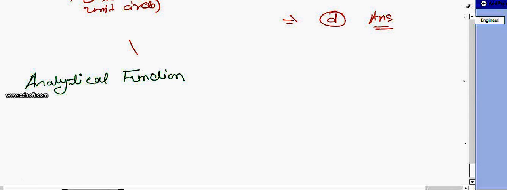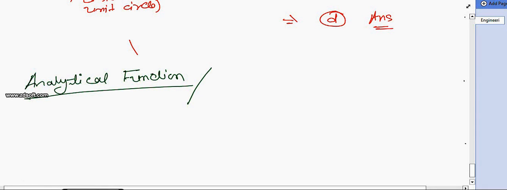Now moving on to the next thing in complex variables, a very important topic, and that is the analytic function, or this is also called a holomorphic function.